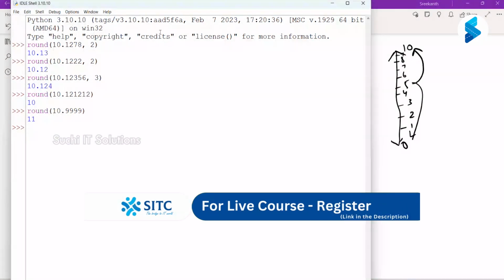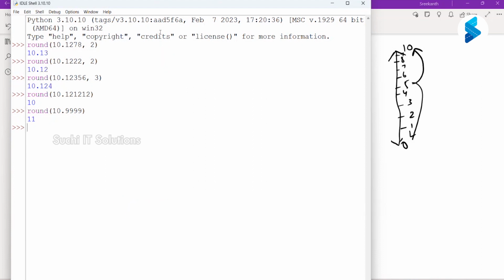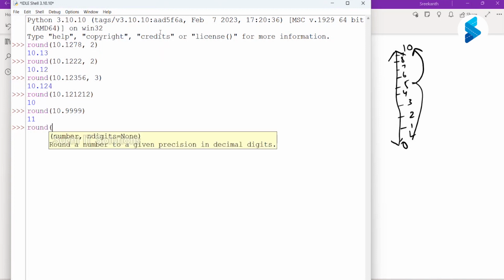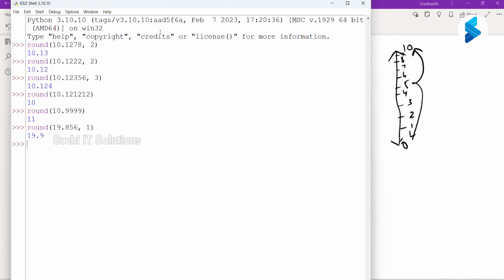Okay, I can specify as many decimals as I want to. If I don't specify any decimals, then it will not consider decimals and will always return an integer. If I specify decimals, I can specify 1 to any number of decimals.